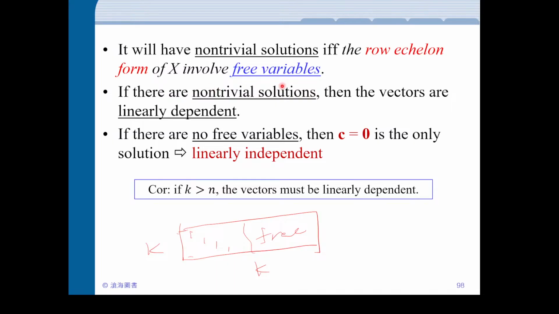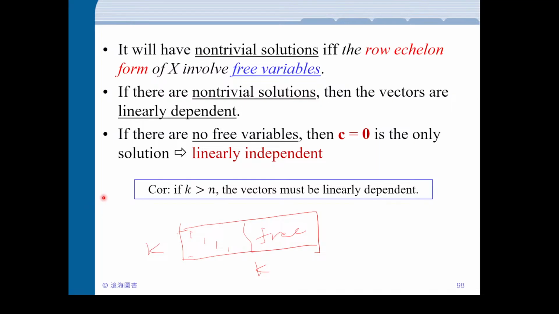If it does, then you have a non-trivial solution and the vectors are linearly dependent. If you don't have a free variable, then you only have the c equal to 0 solution, and you are linearly independent. So you just check whether you have a free variable in your row echelon form.